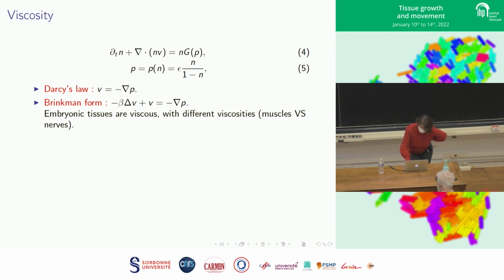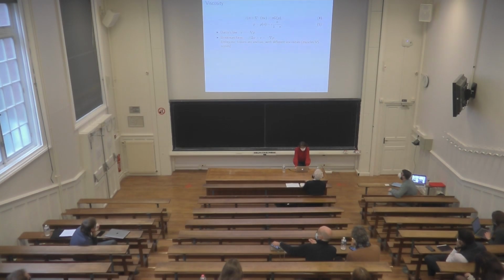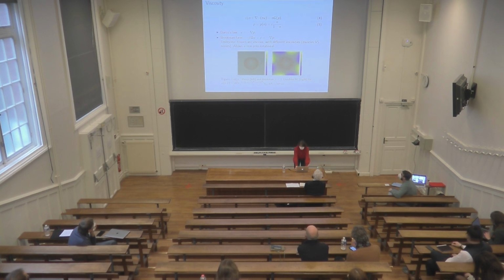So for that, we use the Brinkman form of Darcy's law. It writes minus beta Laplacian V plus V equals minus gradient P. So it's kind of a regularized version of the previous one, with beta being the viscosity. The second thing with the Brinkman form of Darcy's law is that it allows a non-zero rotational.